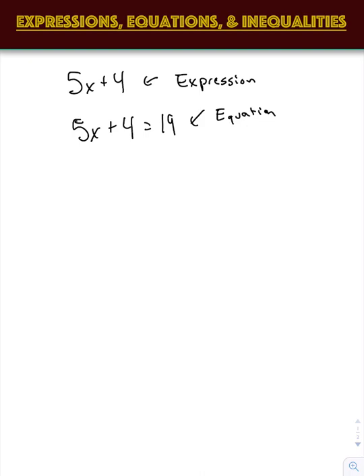Finally, we have an inequality. And an inequality, by definition, we write out the word inequality. For my language arts people out there, the stem "in" means not. And then we have "equal", here is what it sounds like, equal.